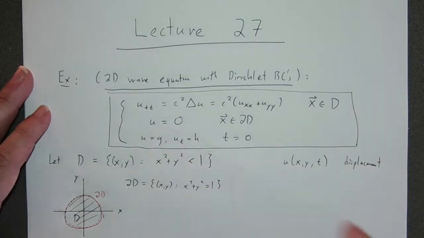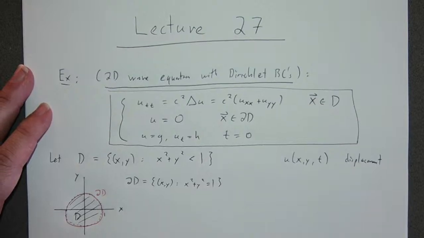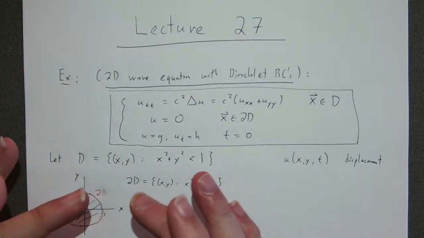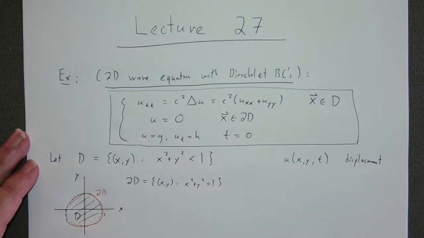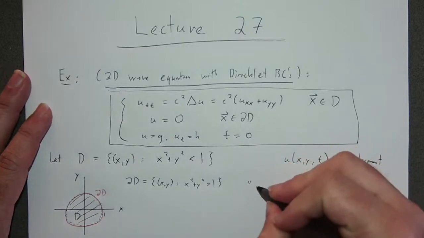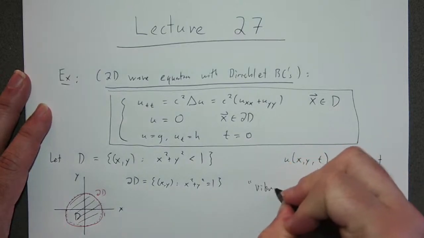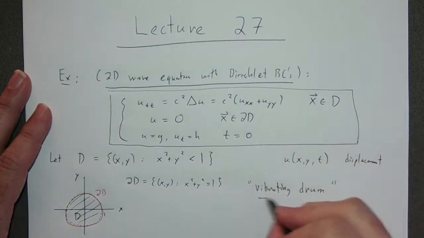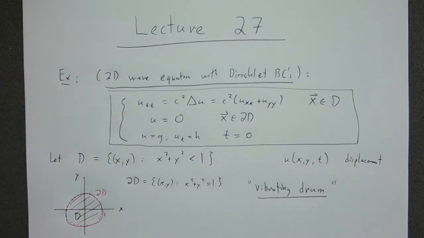So this is saying that it is fixed along this boundary, and I can think of this region D as a membrane stretched and fixed on that boundary, and then the membrane is vibrating. This is typically thought of as a vibrating drum, in this case a circular one, which is a vibrating membrane.